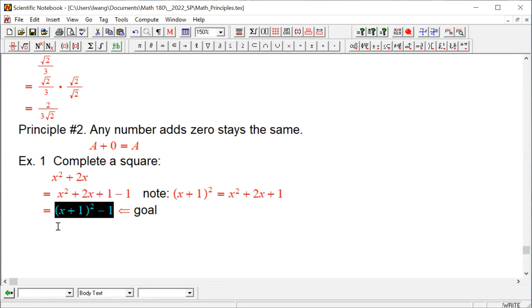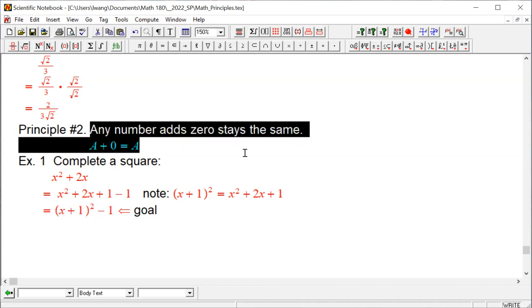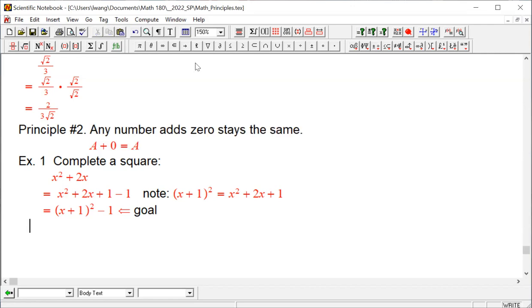So this is something we are going to have further examples of in the future. Okay, so this illustrates the second principle. Throughout the semester, we will be addressing these principles whenever we use them. Now, we have gone over 2 mathematical principles. Principle number 3.